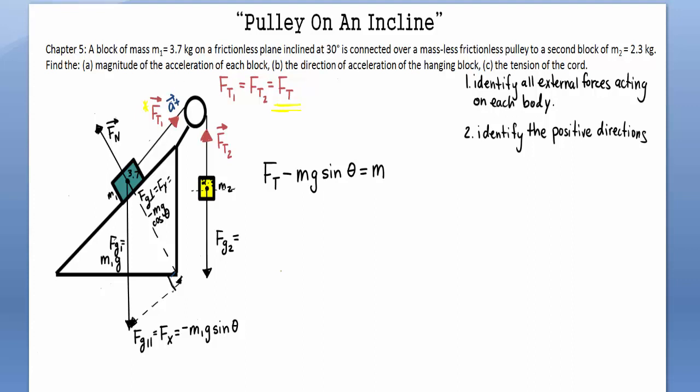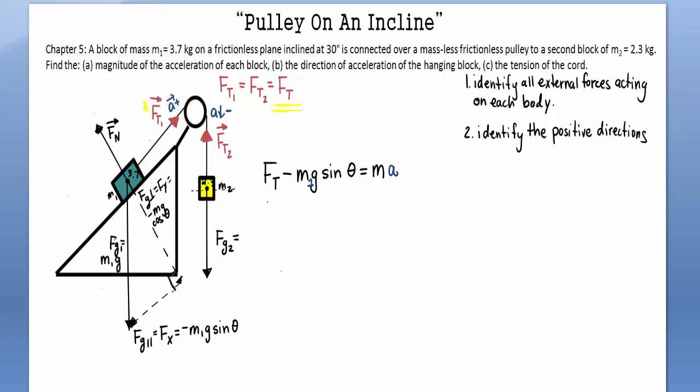So if I say it's going in that direction, positive, when it comes down, acceleration in that direction must be negative. Okay? So going that direction, positive, coming down, acceleration would be negative. So for my first equation, Ft1 minus m1g sine theta is equal to m1 with a positive acceleration.